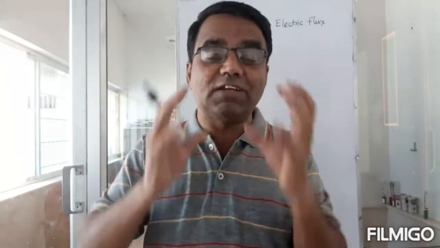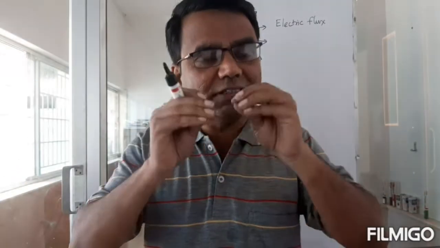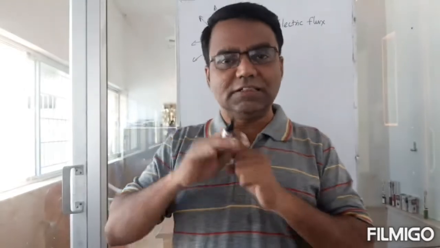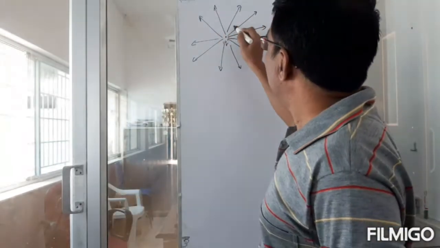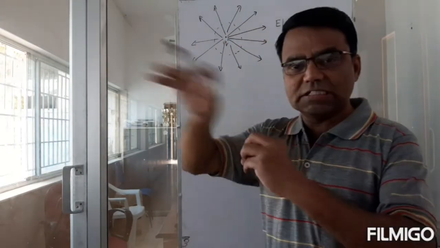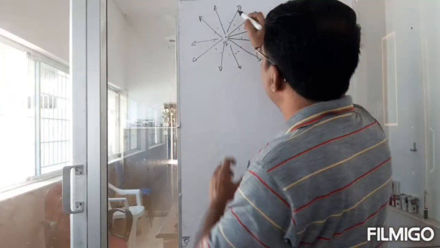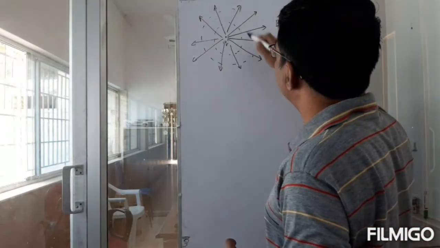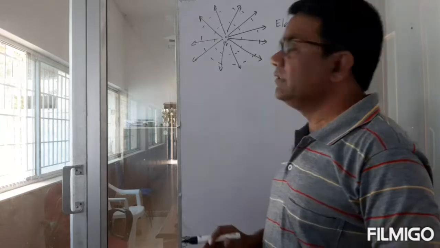So if I take a charge and draw say 50 lines from the charge, then 50 is the amount of flux that is coming out of the charge. Somebody else may draw just 5 lines for the same charge, but let's ignore that for the time being. But notice here, the 50 lines, whether I take this sphere, this sphere, or this sphere here, same 50, right?